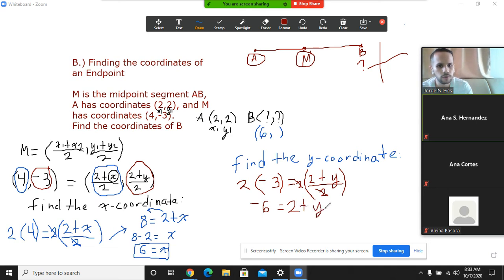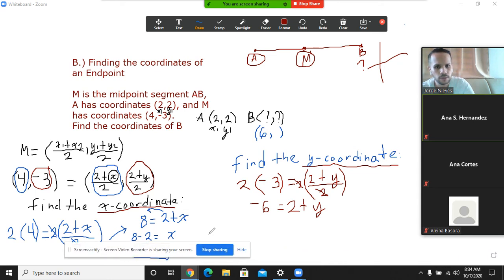So what I'm gonna do? I'm gonna do exactly the same thing. I wanna solve for y because I'm looking for the y coordinate. Okay, so I'm gonna subtract by 2 in both sides. So it's gonna be in this side, -6 minus 2, and that is, ¿cuánto es negativo 6 menos 2?